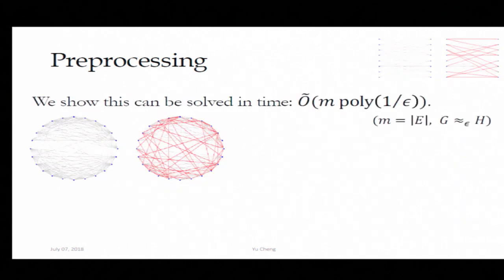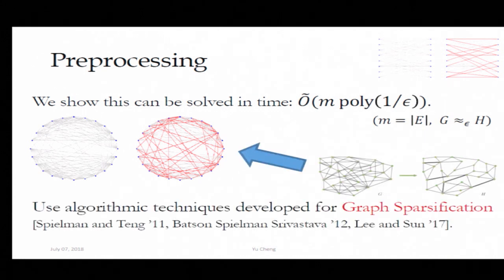One of the main technical contributions of this work is that we show how you can solve this problem in nearly linear time, if epsilon is constant. We can solve this for any underlying graph, not just the complete bipartite graph. And the way we solve it is to adapt techniques from spectral graph theory.